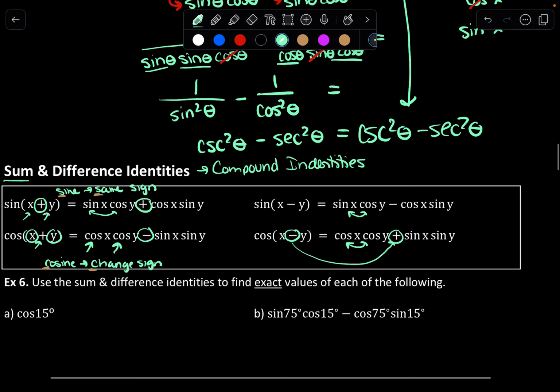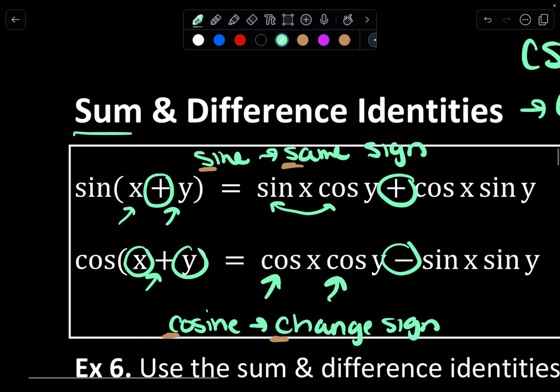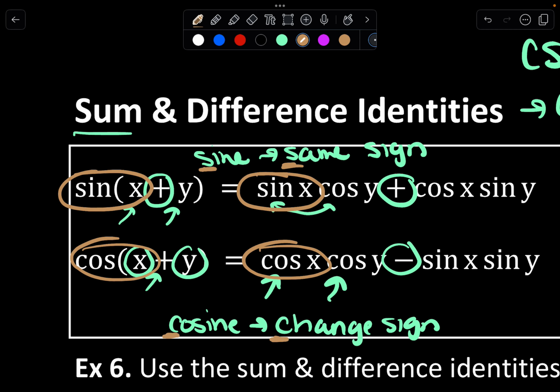So if you're confused on which one to start with, if you look at both identities, we see that we start with sine of x, and start with cosine of x. As long as you recognize that, then that means for sine, it's going to be paired with cosine, which means the angle for that cosine will be y.